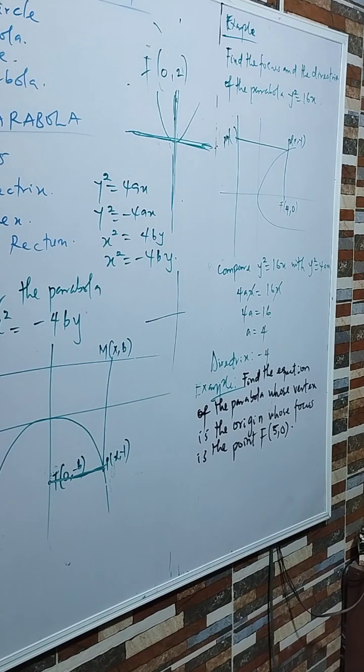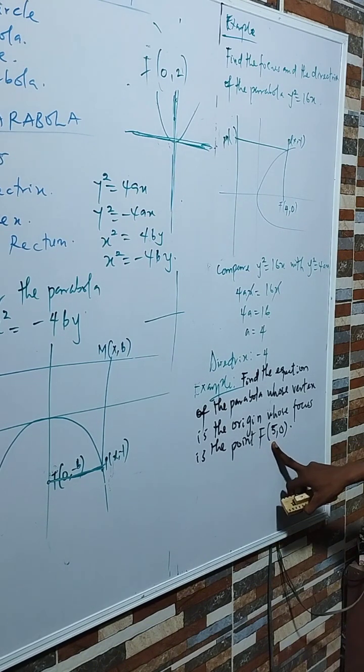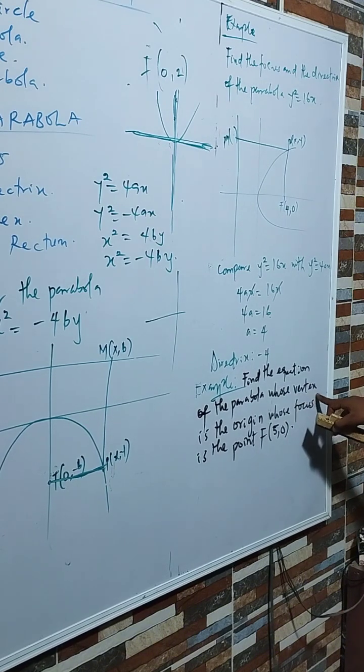So we are finding the equation of the parabola whose vertex is the origin, whose focus is the point 5, 0. You can see here, the focus is 5, 0. The vertex is 0, 0.